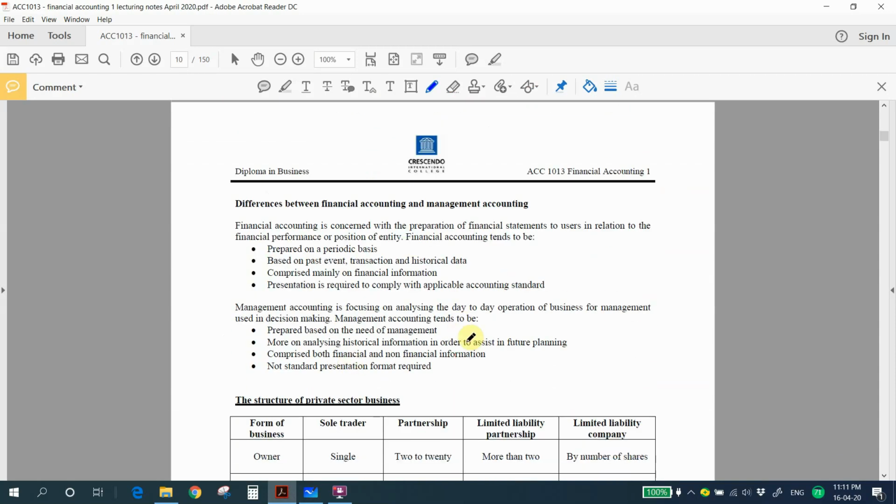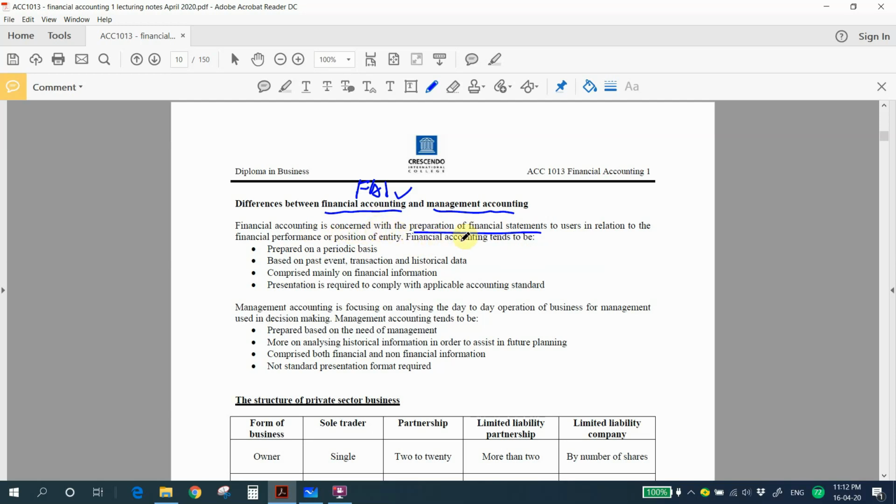Next, in this section, I'm going to share with you what is the difference between financial accounting and management accounting. And of course, for this paper, it is FA1. So we are talking about financial accounting. Financial accounting is concerned with the preparation of financial statements to users in relation to the financial performance or position of the entity.